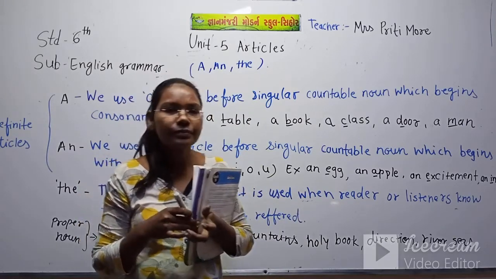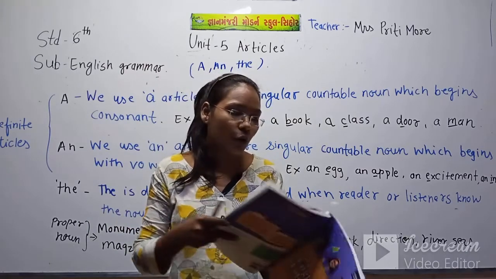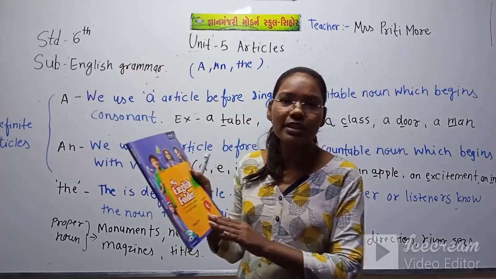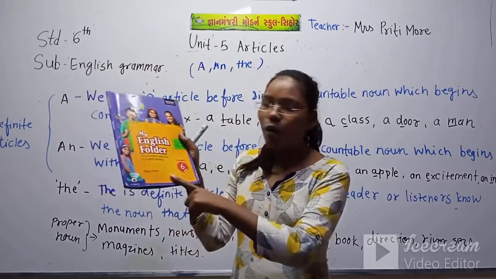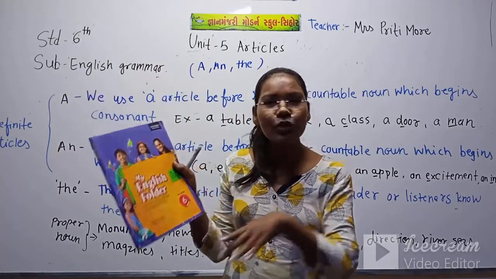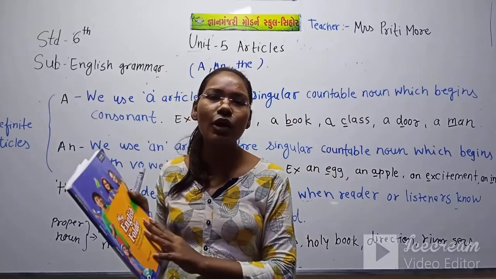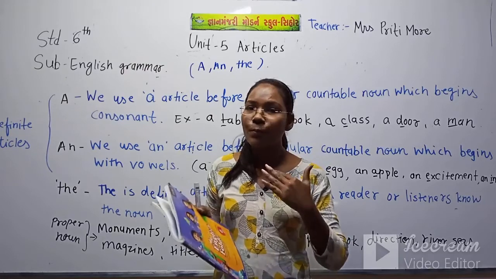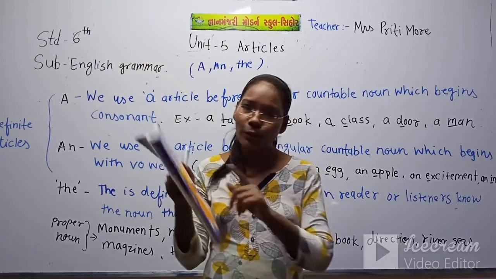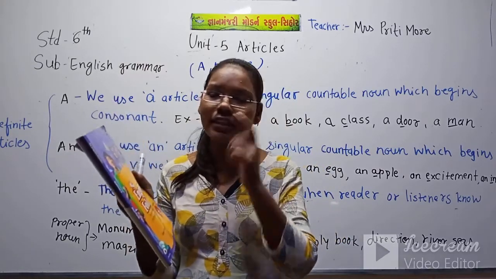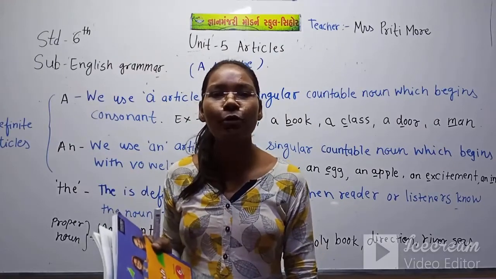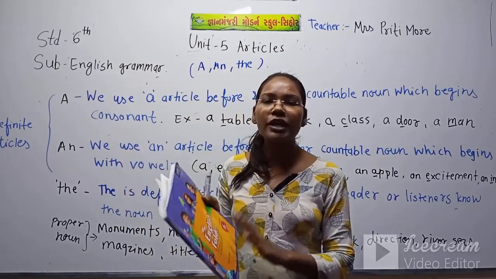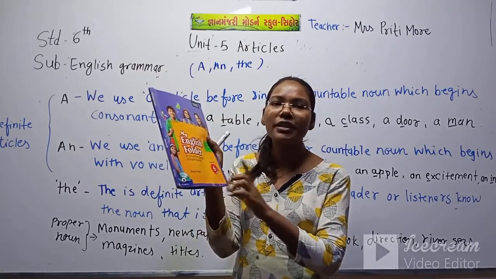For example, if I am talking about this book, this is the GE book. This is your GE book. I also know this is the GE book, and you also know this is your GE book. We both are confirmed, we both are sure that we have the GE book.